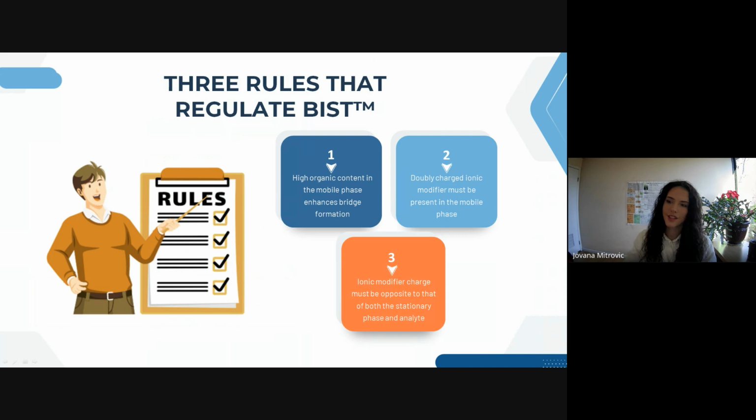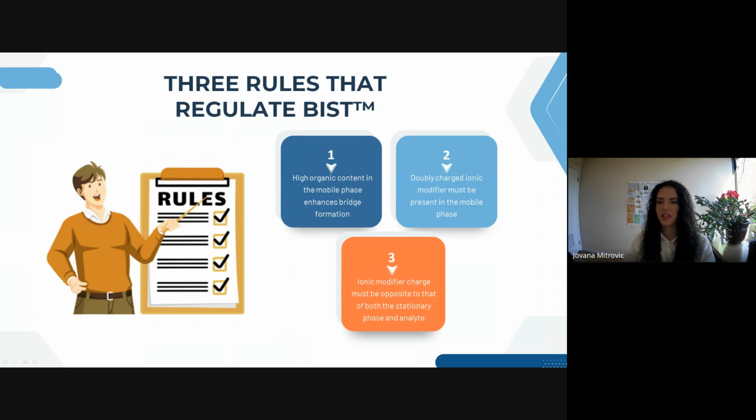So there are three key rules that govern BIST separation. First, you need a high organic content in the mobile phase, such as acetonitrile. This reduces solvation and allows the bridge to form more easily. Second, the doubly charged ionic modifiers, such as magnesium or TMEDA, must be present in the mobile phase.